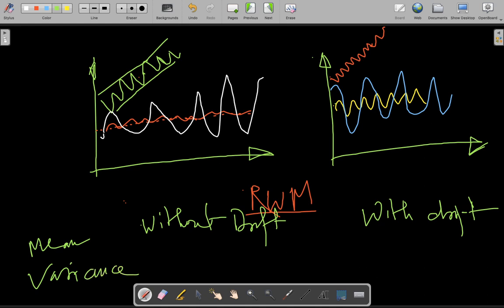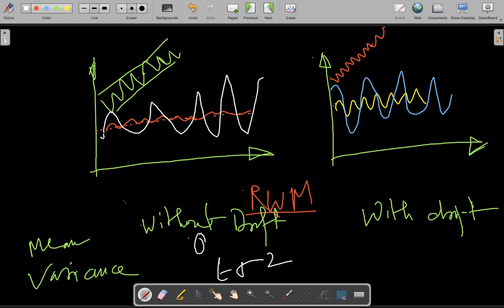If you recall, the mean for the without drift process was 0. The expectation of yt was 0, and my variance was t sigma square.